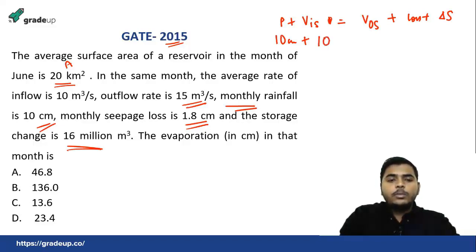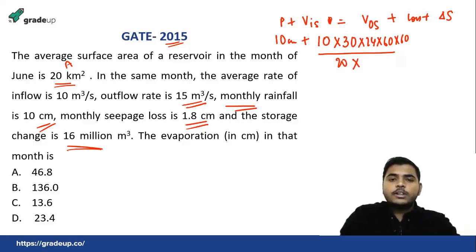So 10 m³ per second will be converted by multiplying by 30 days, because there are 30 days in June, into 24 hours into 60 minutes into 60 seconds, divided by the area, 20 km², which we have to convert into centimeters.